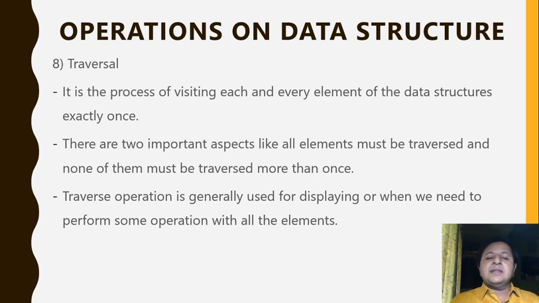So in general, when we have to do some operation with all the elements of the data structure, we would be performing the traversal operation. As we go ahead, you would see that different data structures have different complexity for traversal. So the traversal operation we would see in almost every data structure that we learn.